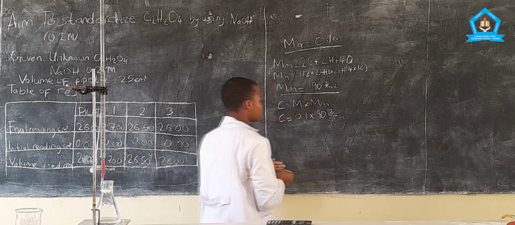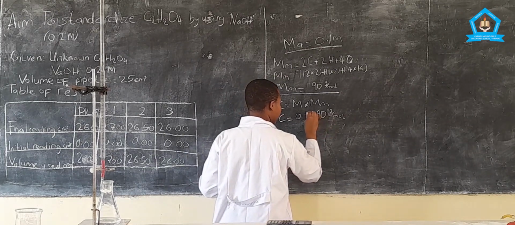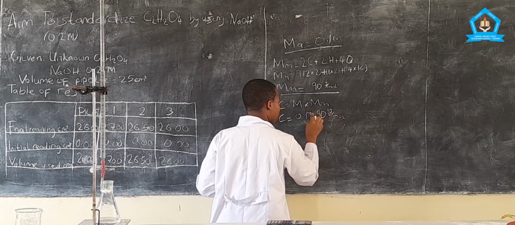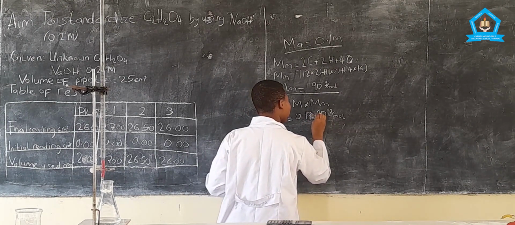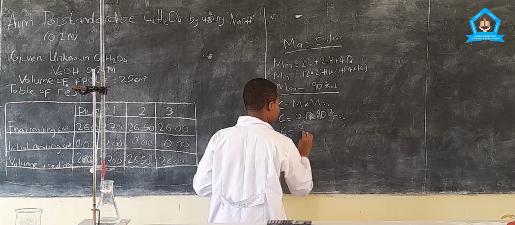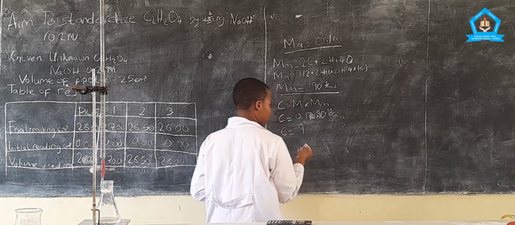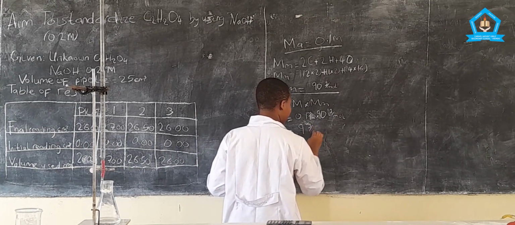We all know that molarity, its SI unit is mole per dm cubed. From here we get 9 gram per dm cubed.